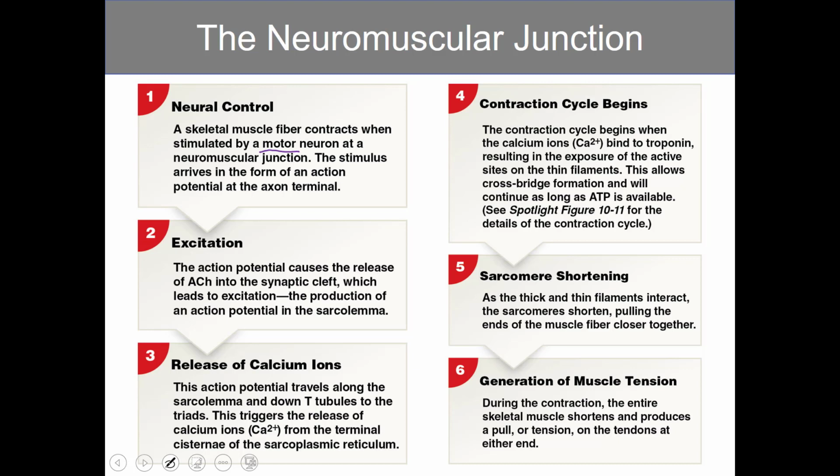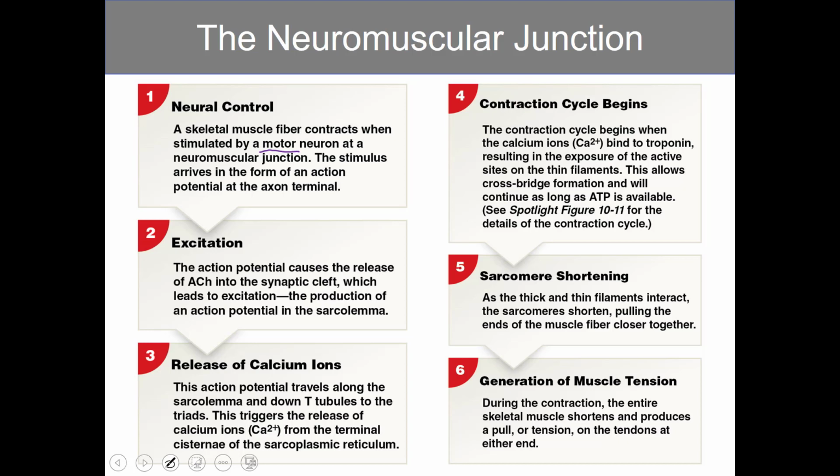The stimulus arrives in the form of an action potential at the axon terminal. Step 2, excitation. The action potential causes the release of acetylcholine into the cleft, which leads to the excitation, or the production of an action potential in the sarcolemma of the skeletal muscle fibers.